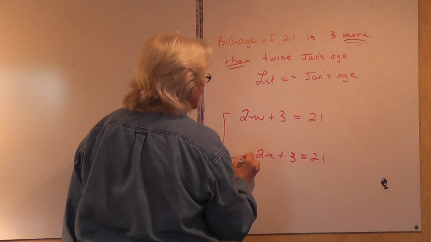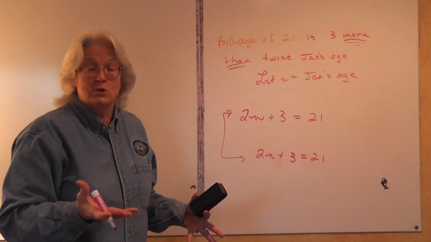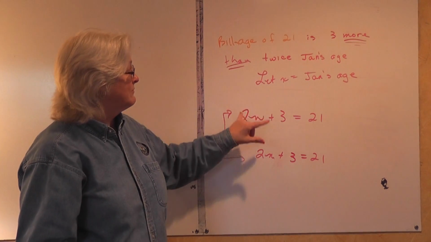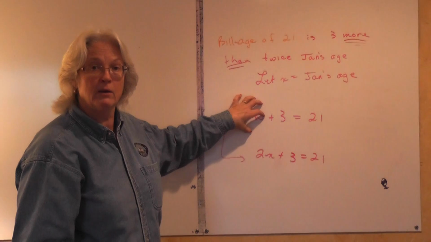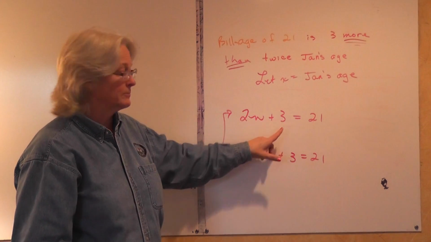You see that I came up with identical equations, like I have to if it's going to be correct. But here, what am I looking at first? What am I beginning with? I'm beginning with twice Jan's age, and I'm adding 3.